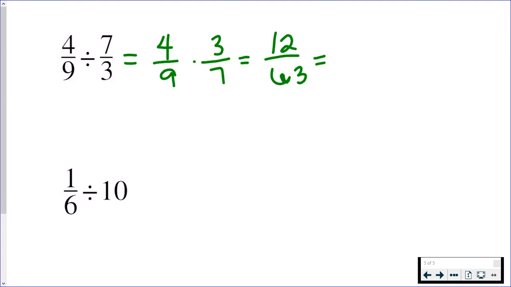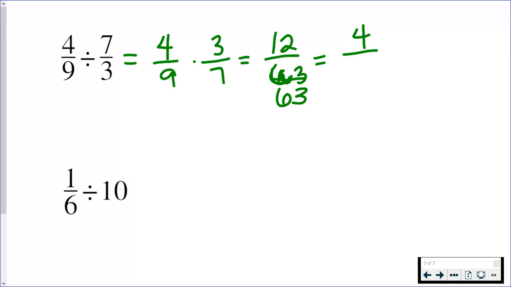I don't know what's wrong with my screen right there, but that's supposed to be a 63. Okay, that's a 63. So now I need to simplify if possible. It is possible here. Both of these numbers are divisible by 3.